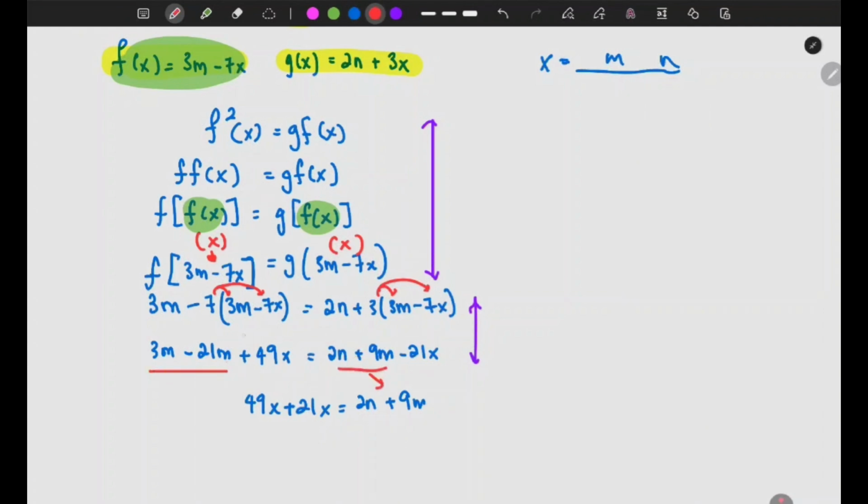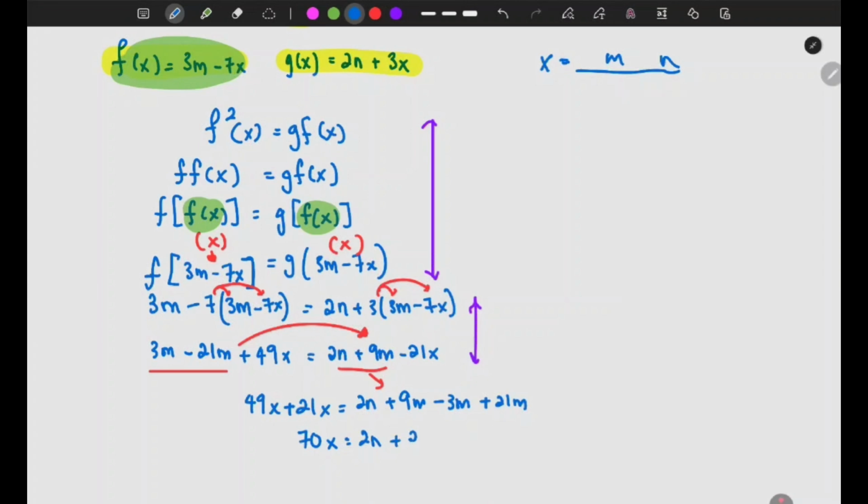So 49 plus 21, you should get 70x. 2n, just 2n. 9 minus 3 plus 21, just key into the calculator, you get 27m. And your x is equal to 2n plus 27m. 70 is times, bring it to this side, so divide by 70.